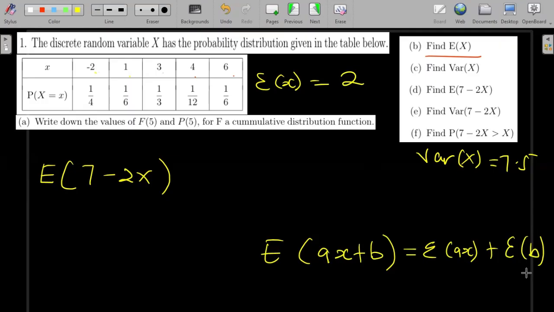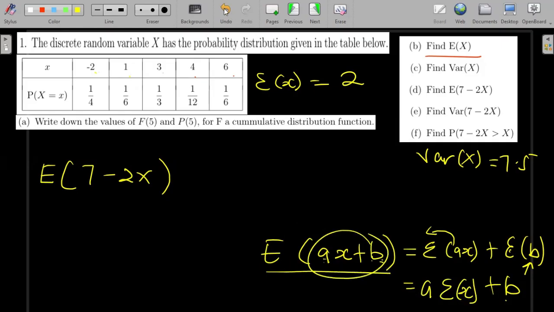Whenever you're finding the expected value of a constant, because b and a here are constants, x is the one which is a variable, it's just that same constant. So the expected value of b is just b. And then here you factorize the constant, or you take the constant in front. So it's going to be equal to a times the expected value of x. Whenever we have such a linear combination inside, we are going to expand it this way.